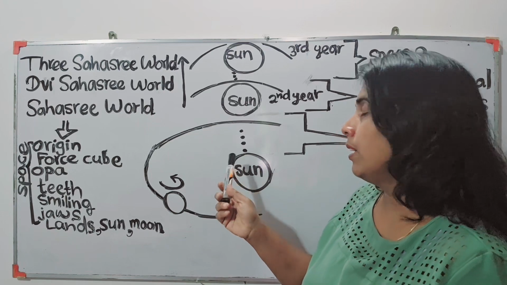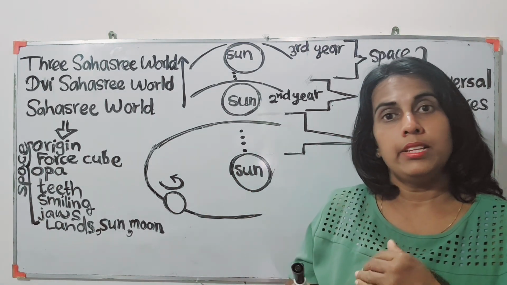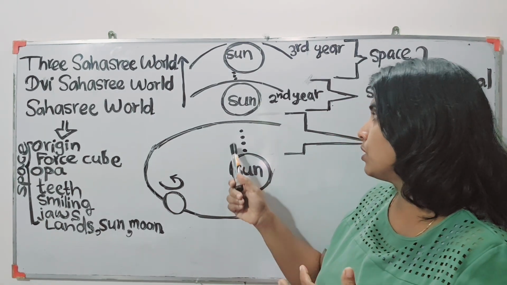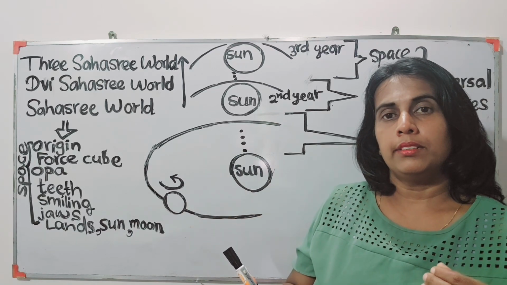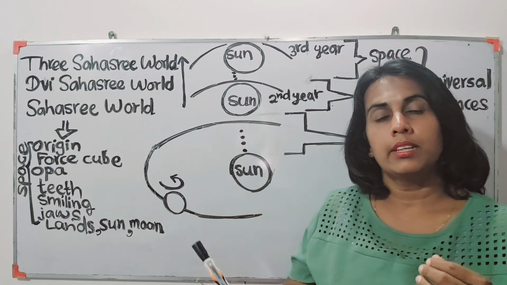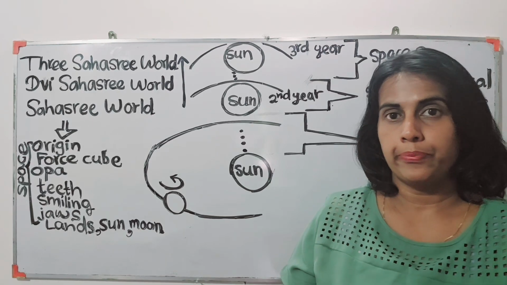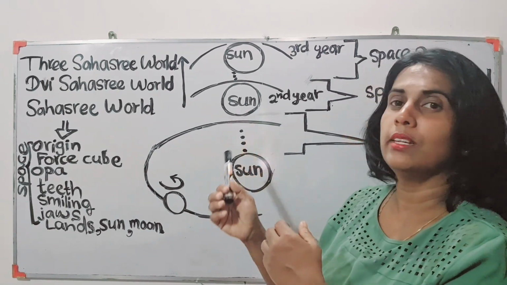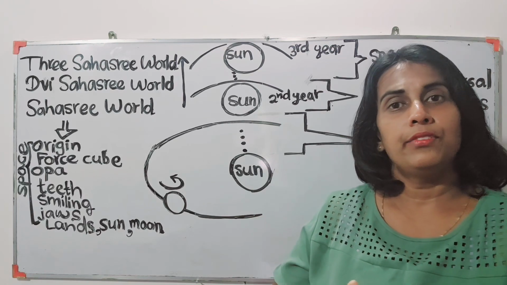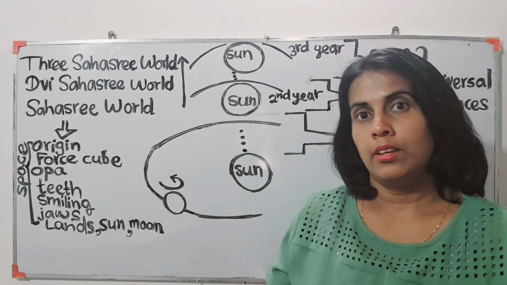There is a very large, infinite distance between the two suns. These two suns are not connected even by a light ray. One light ray doesn't travel from here to here; its energy is finished off.